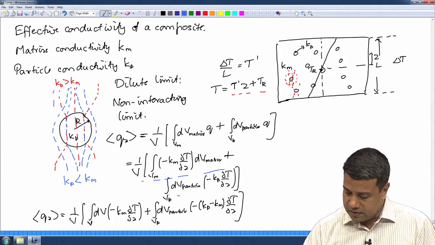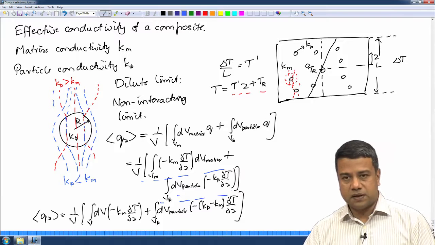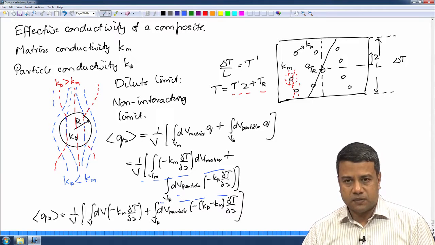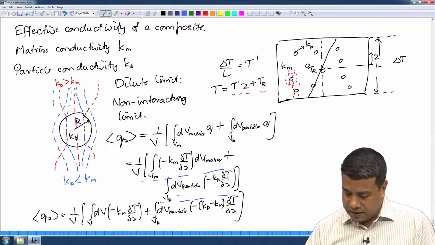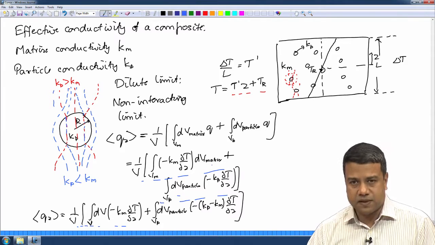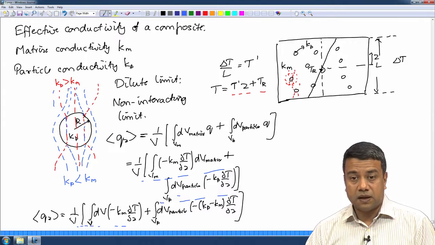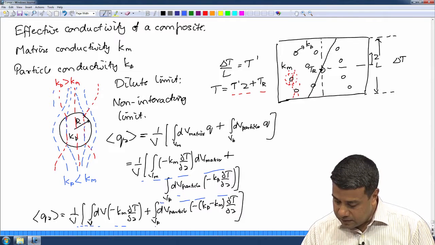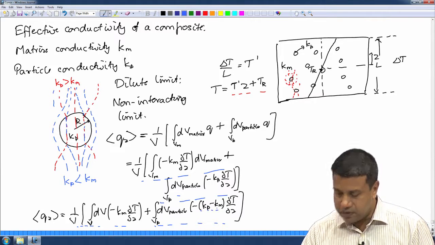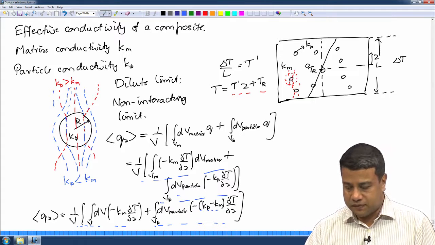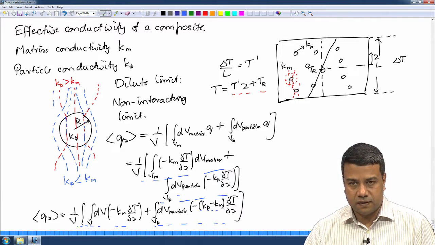The first one was an integral over the matrix and an integral over the particles. What I have done is taken it as an integral over the entire volume of minus Km times dT by dz. That counts both the particles and the matrix. Therefore, in the second term I have subtracted out the matrix contribution alone. You can easily see that the sum of these two terms gives you back the original heat flux.